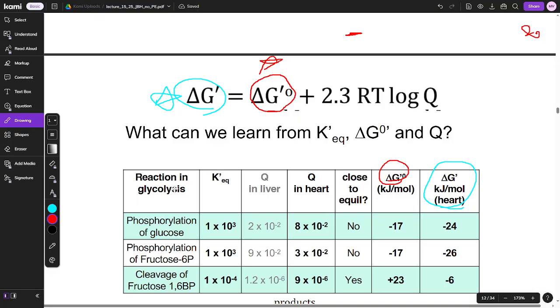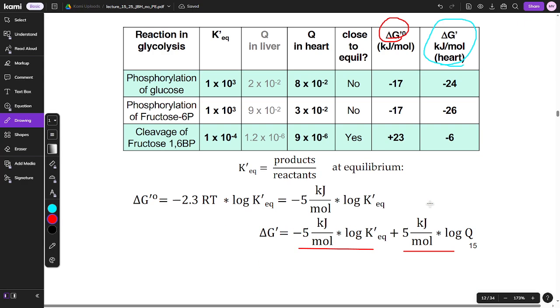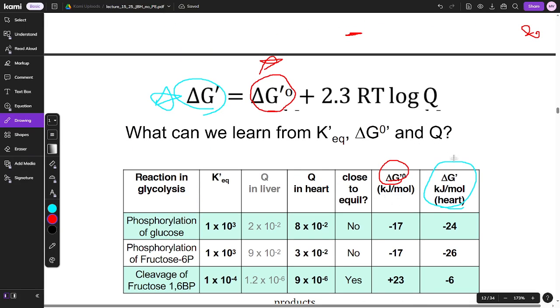In the glycolysis reaction in the heart, we're looking at the heart specifically, not the liver in this case because it's grayed out, the delta G prime, if you did the math, the negative RT ln KEQ, would be negative 17 kilojoules per mole.